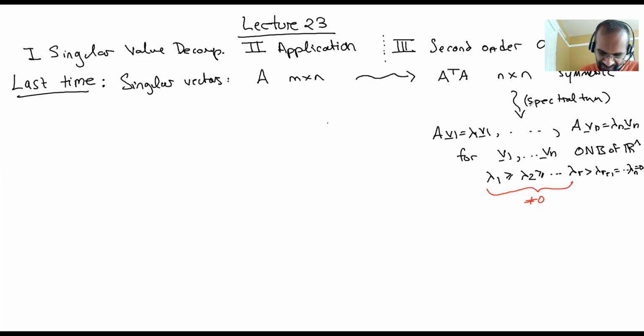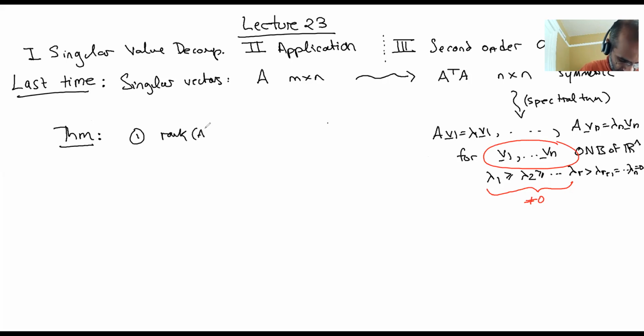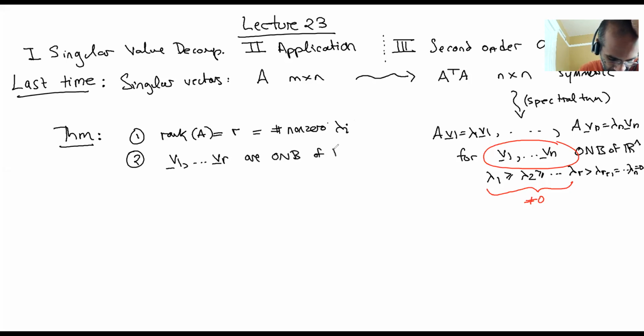Okay, so once you get this orthonormal basis, this turned out to have a number of nice properties. So we proved this theorem, which was that the rank of the matrix is equal to r, which is the number of non-zero lambda i. Then we proved that the corresponding eigenvectors of A transpose A are an orthonormal basis of the row space.